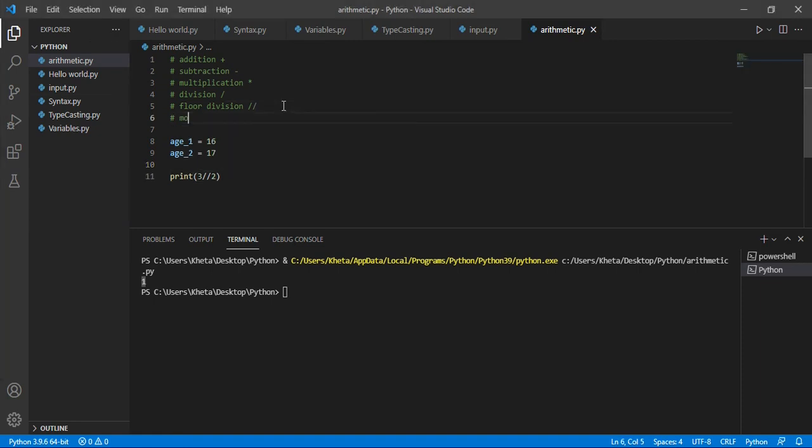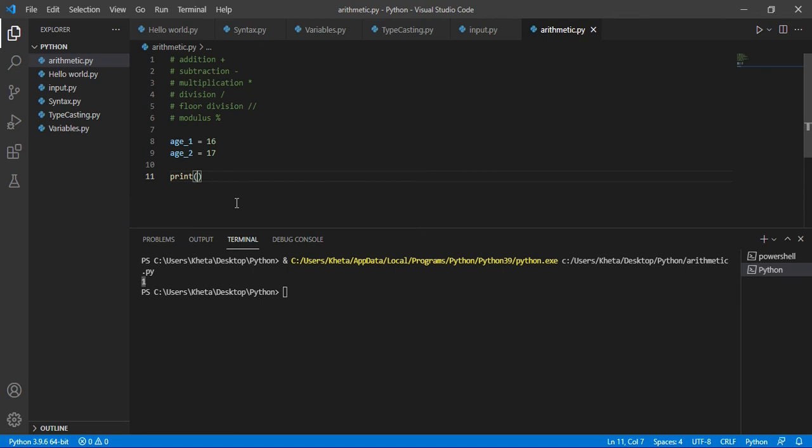So modulus, and this is given by the percentage sign. And here's what we're going to do. We found out that you can actually divide 16 and 17, and if you do that, there's a remainder of 1. So 16 goes into 17 one time, and there's a remainder of 1. That is what the modulus operator does.